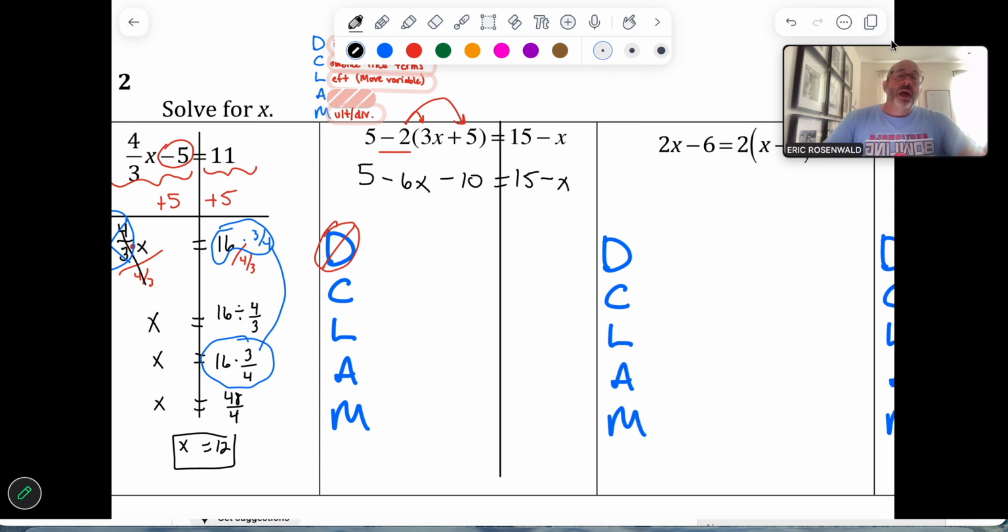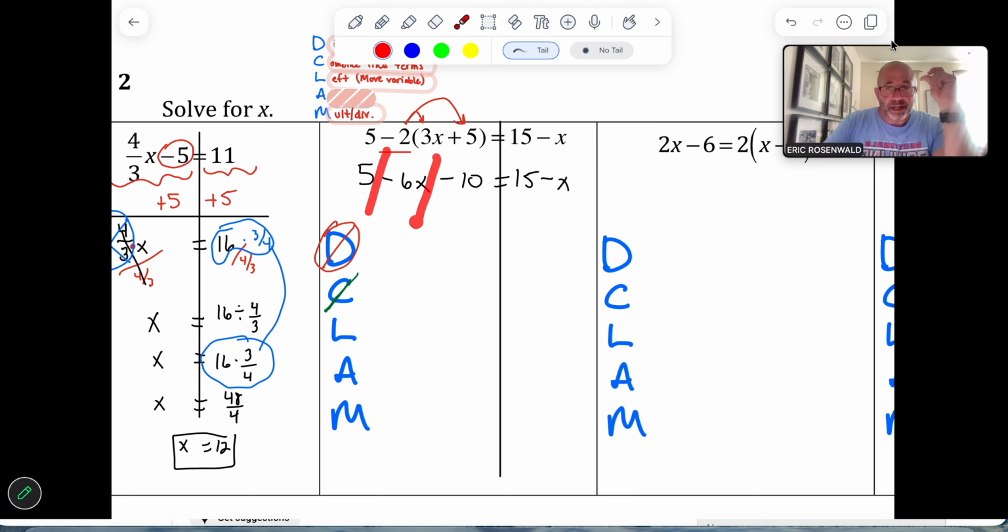Okay. After we're done with distribution, let's move on to our next step, combining like terms. Do I have anything on the left side that can be combined and anything on the right side that can be combined? Well, on the left side, I've got a +5, a -6x, and a -10. These two terms are like terms. They both have no variable, and so I can put those together.